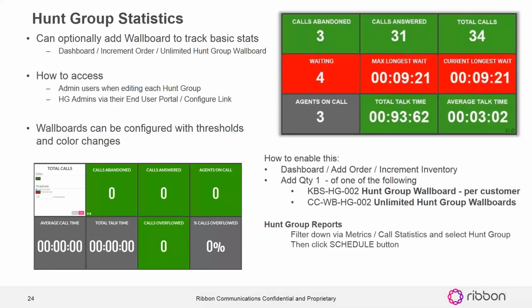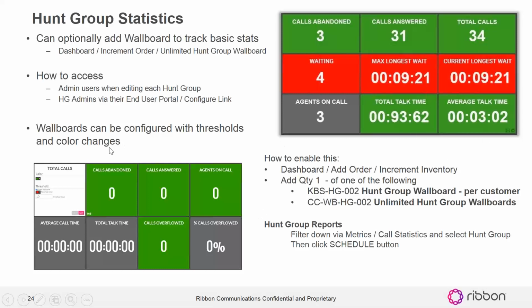So here's an example of the different stats. Calls abandoned, answered, total calls, waiting calls, longest wait, current longest wait, how many agents or hunt group members that you have on calls, total talk time, which is your conversation time, and average talk time.